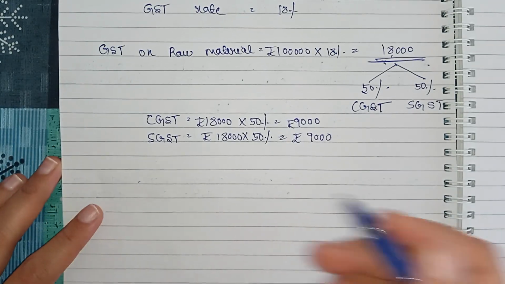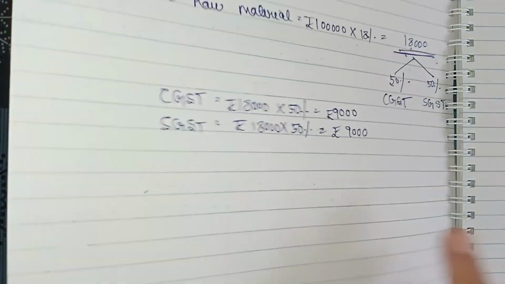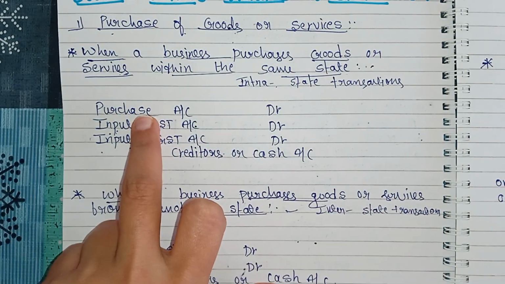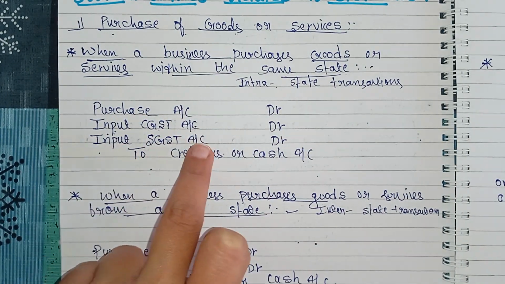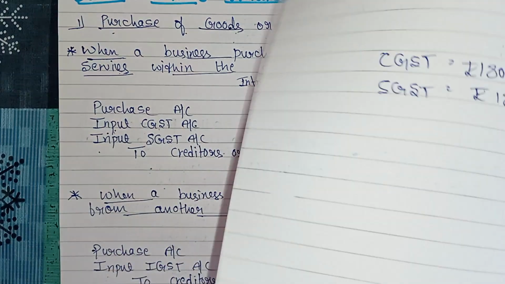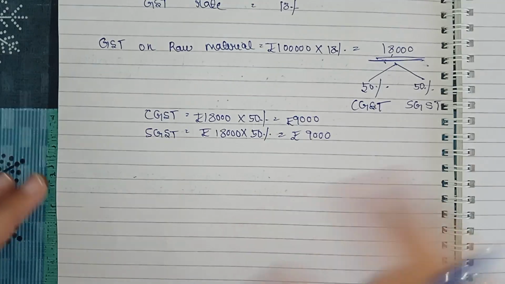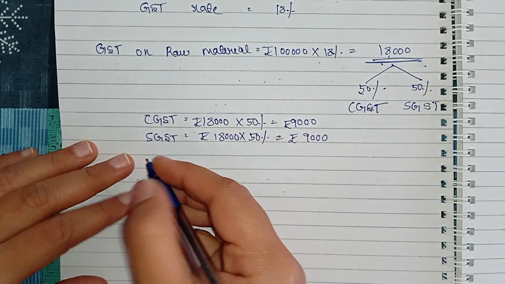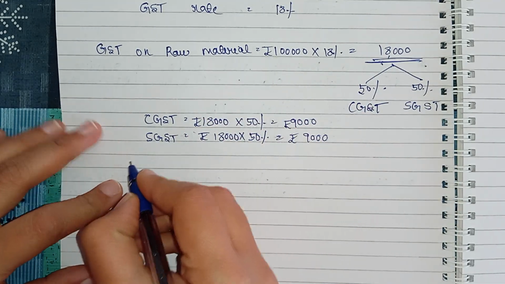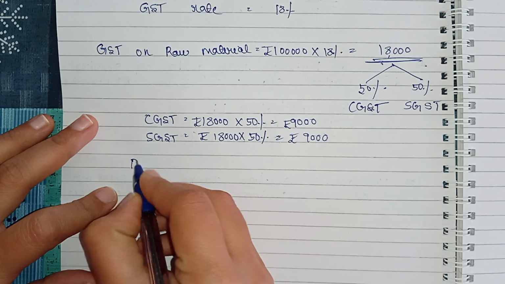So what is the entry? Purchase account debit, input CGST account debit, input SGST account debit, to creditors or cash account. Here in place of purchase account, we can write raw materials also, since we have purchased raw materials.